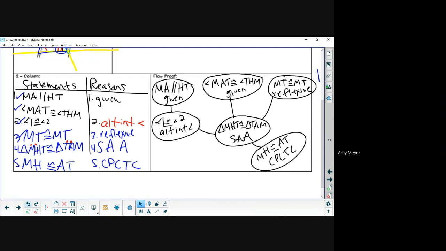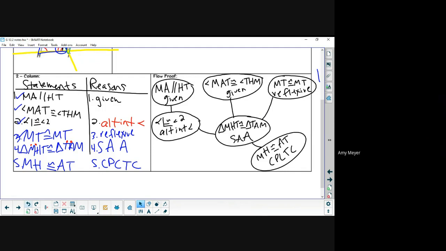So first sentence, something like this. We were given MA parallel to HT and angle MAT is congruent to angle THM, period. Next sentence could say this.